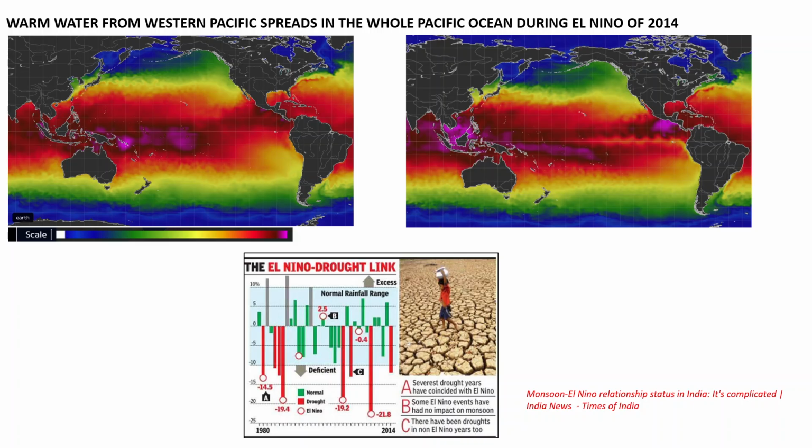So if we see this diagram, 2014 to 16 was one of the El Nino years. See the first map. In this, if you see the sea surface temperature, the water from the Western Pacific region is flowing towards the Eastern Pacific. The highest temperature is marked by this pink color. And in the second picture, this has substantially warmed the Central Pacific region.